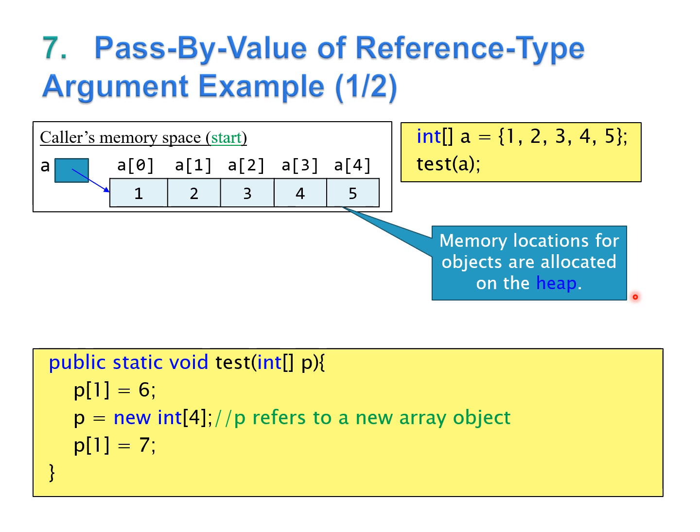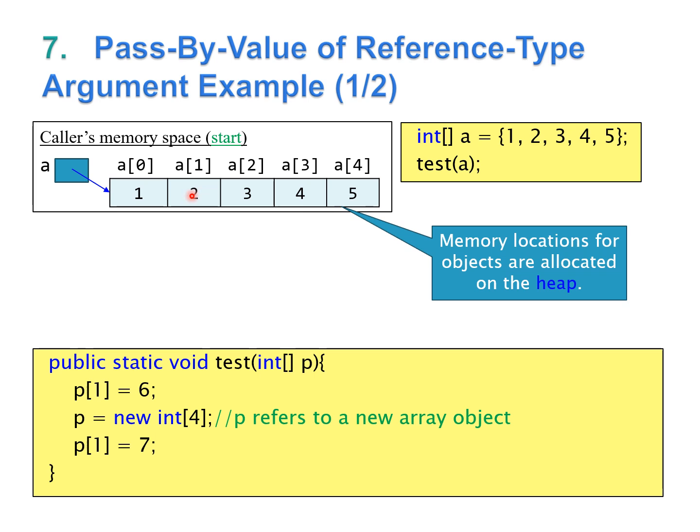The value stored in the memory location associated with variable a is the memory address or reference of the first element a[0] of the array object. In other words, the array variable a refers to this array object in the caller.